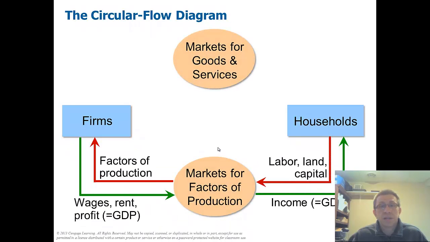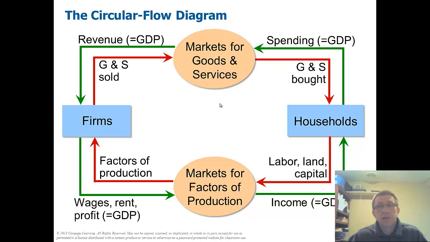So you end up seeing a circular flow here. Households spend money on goods and services, which goes to firms. Firms hire labor, land, and capital. Really, labor, wages, and rent are the big things. From households, it goes back to the households.